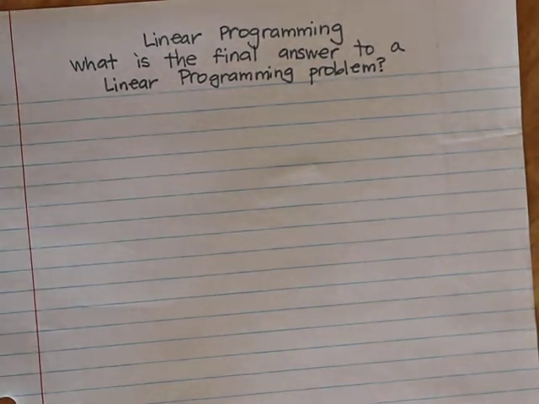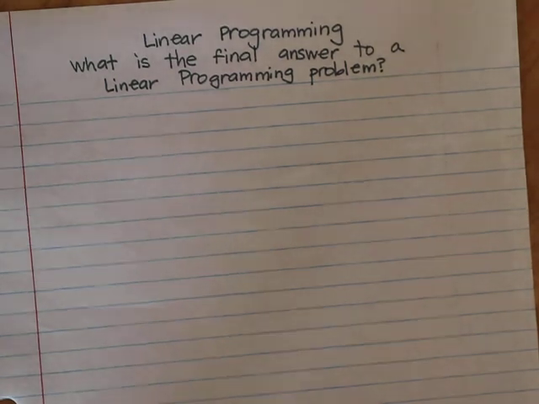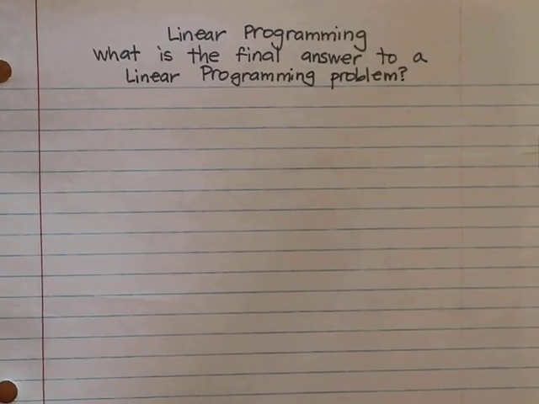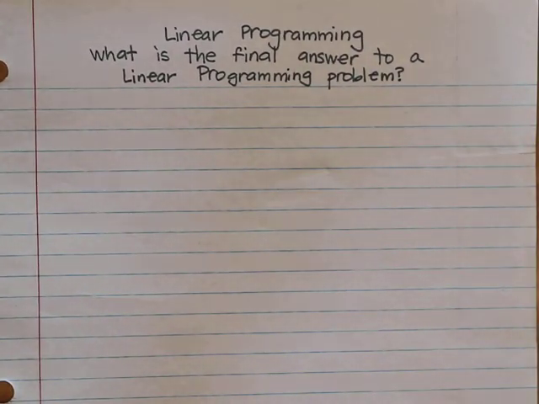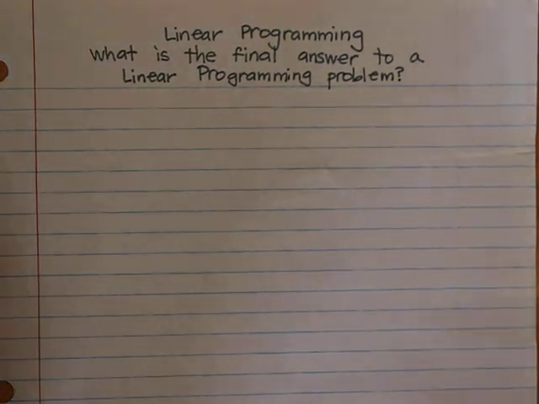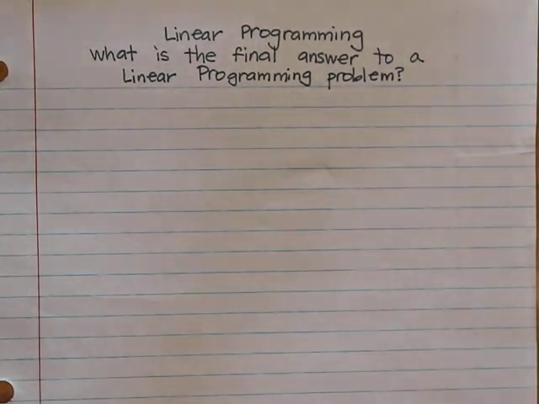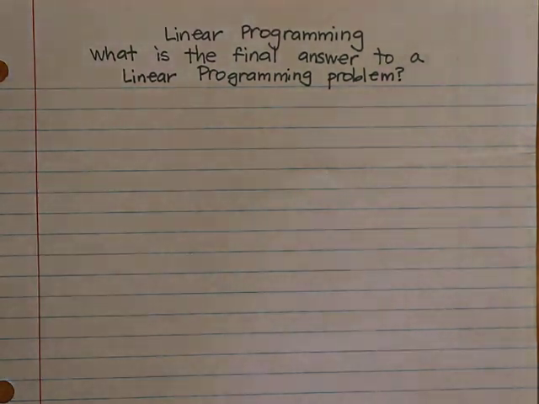So the final piece of this unit is to take everything we've done with systems and inequalities and apply them to what are called linear programming questions, or optimization questions. Before we get into the how, I just want to clarify what linear programming is. Linear programming is the mathematical process.